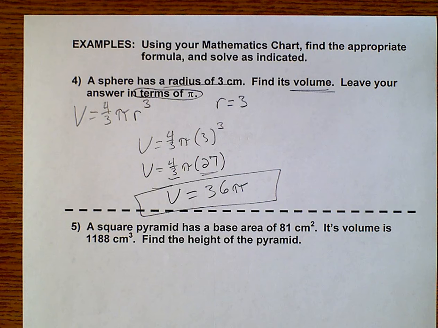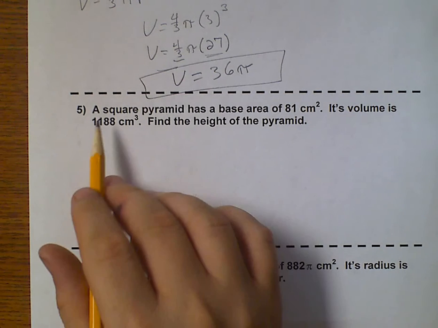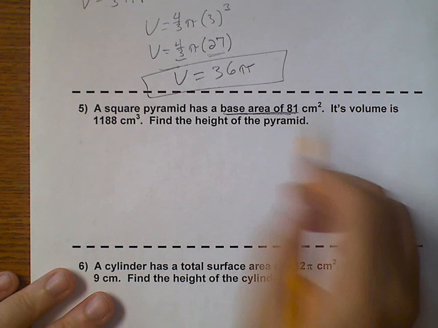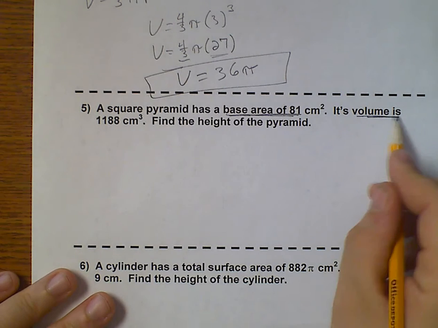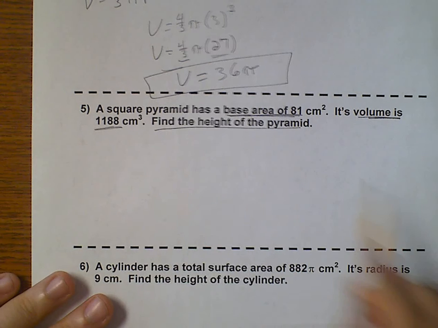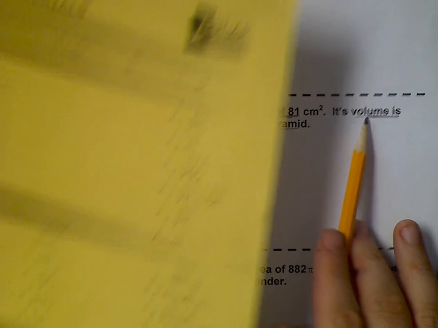Let's go ahead and look at question number 5. Here we're looking at a square pyramid. Has a base area of 81. And its volume is 1188. And we want to find the height. So we need the volume of a pyramid.